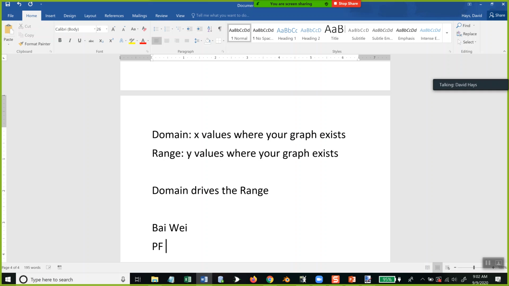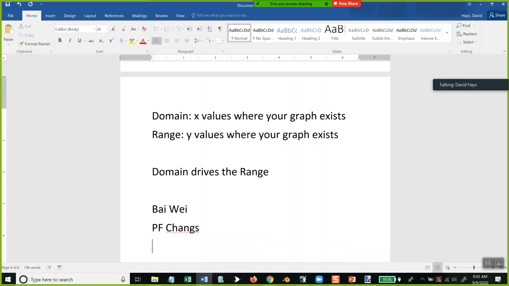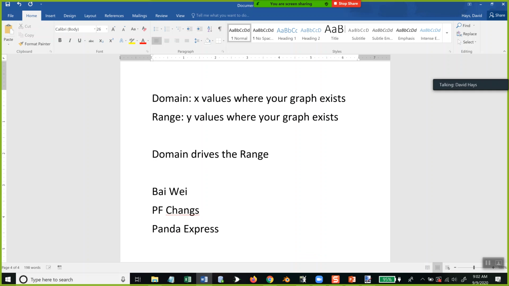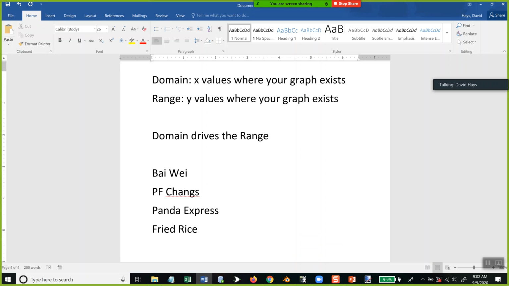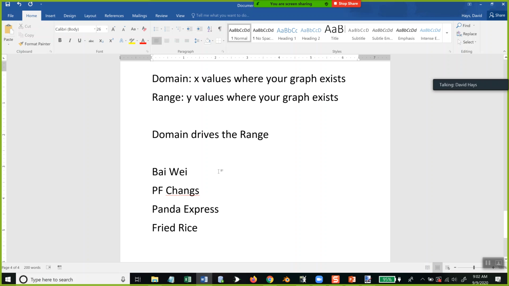Good food. There's PF Chang's. Panda Express. I don't really like Panda Express anymore, but it's one I can think of. There's even a fried rice place in Wichita. Now, by the way, that'll probably run you $10, let's say. PF Chang's is probably 25. Panda Express, 6, 7, 10, is it?